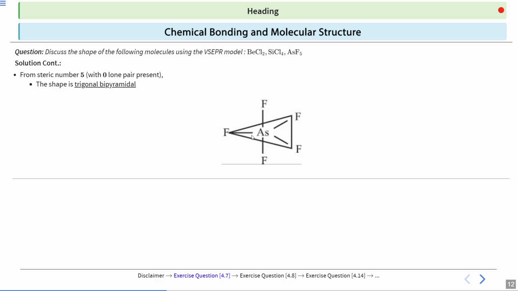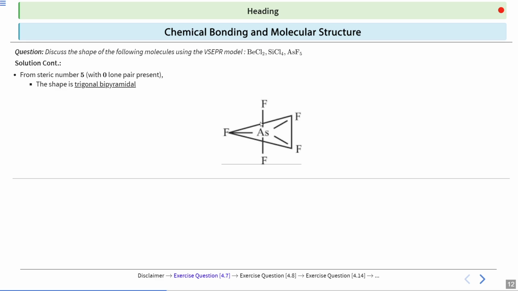Now these 3 angles will be the same, as it is an ideal case. No presence of lone pair is seen or no heteroatom is present. All of the atoms are the same, which is fluorine. Now if it is the case, then 360 divided by 3 will give you 120 degrees. Okay. So this is the first angle which is possible.